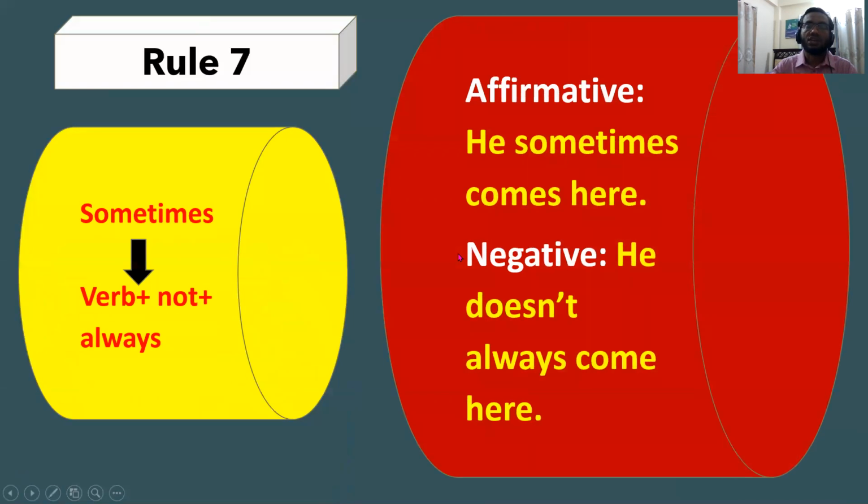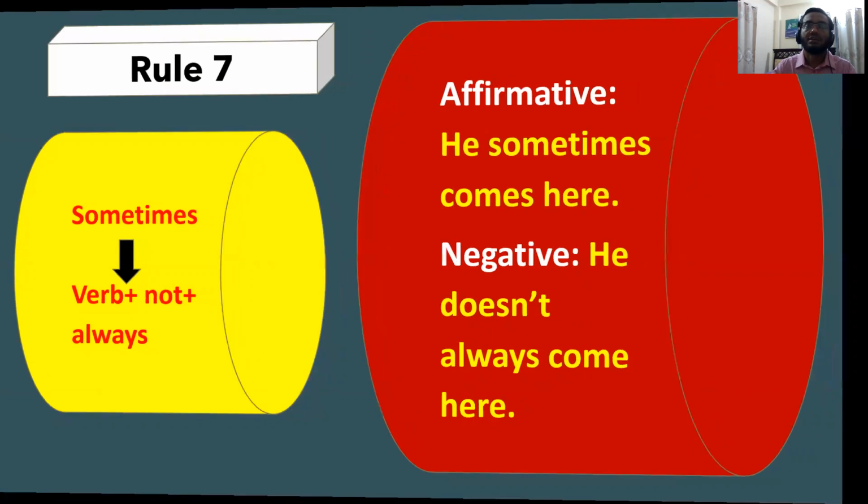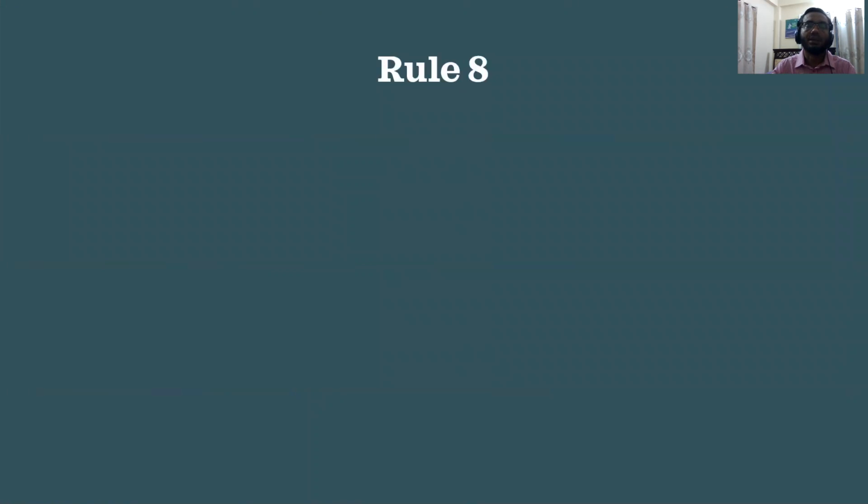Okay? And there is an example here. Affirmative: he sometimes comes here. In the negative: he doesn't always come here. It's very clear, isn't it? Okay? Can you understand? Fine. Now, go to rule 8.